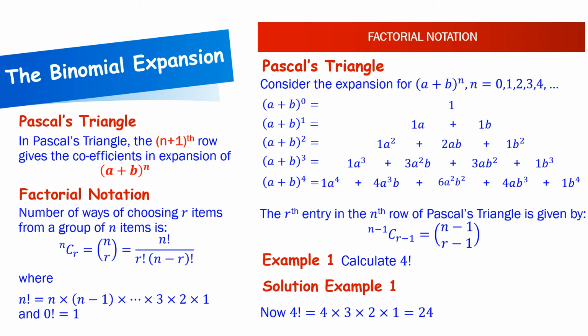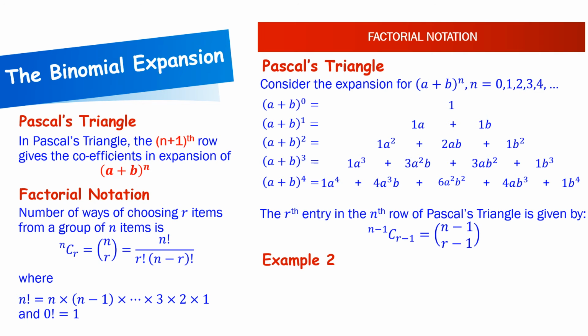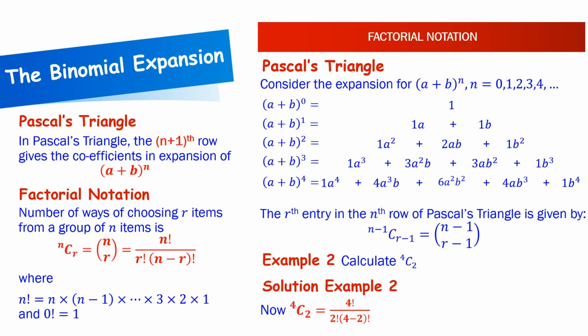And another example, calculate 4 choose 2. Plugging in the values n equals 4 and r equals 2 in the formula, we obtain 4 factorial over 2 factorial times 4 minus 2 factorial, as shown.